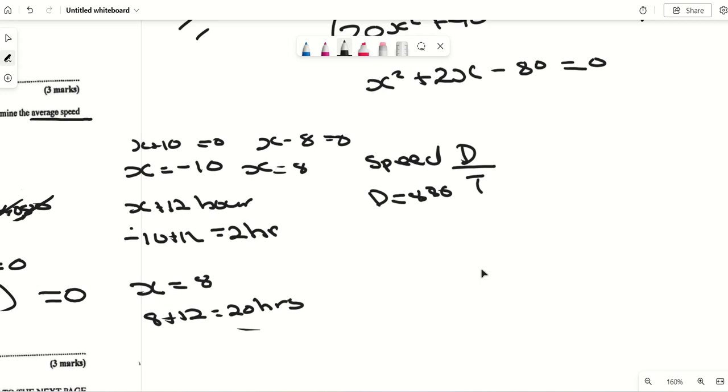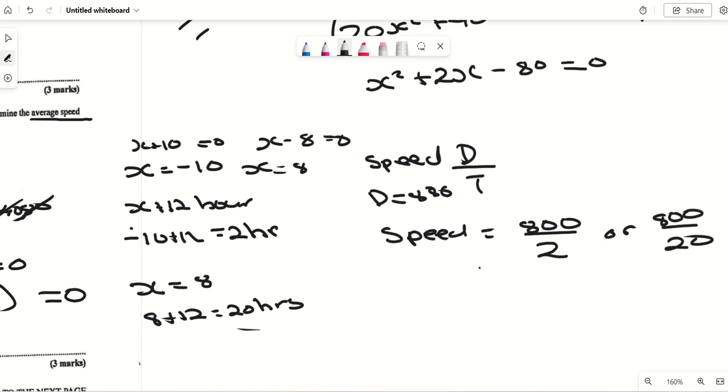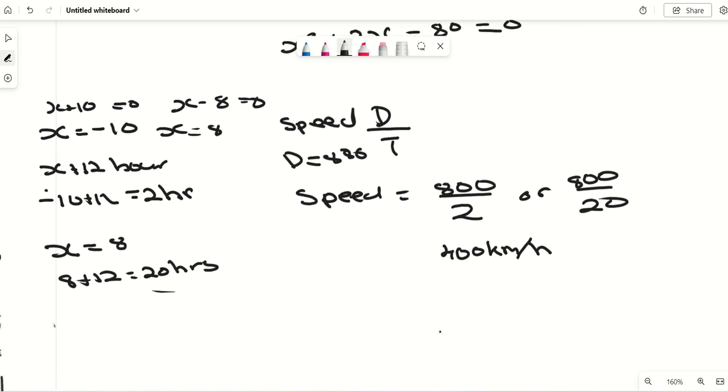Right now, your speed would be 800 divided by 2 or 800 divided by 20. The first answer, 800 divided by 2, is 400 kilometers per hour, and the next one is 40 kilometers per hour.